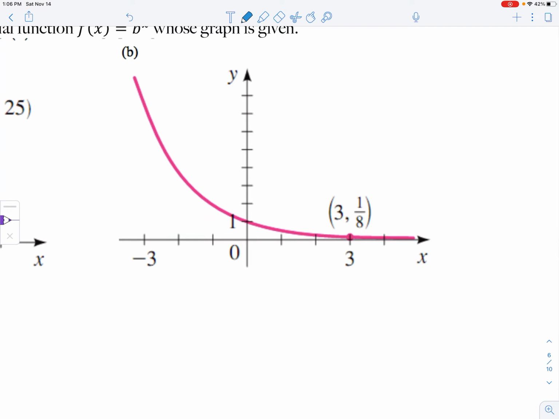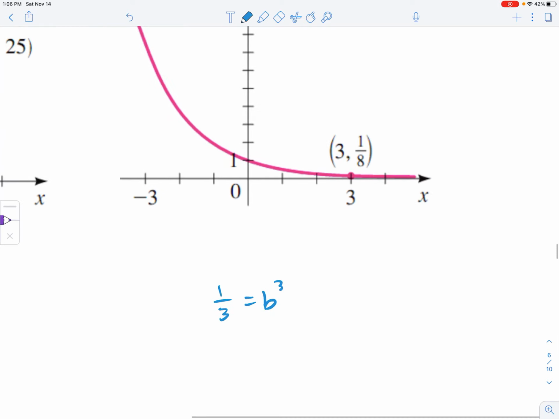And then looking at this other graph, we're thinking, okay, well, what base, when raised to the third power, would have an output of 1/8? Or what number, when raised to the third power, would give us 1/8? So I could set up the equation 1/8 equals b cubed, right?